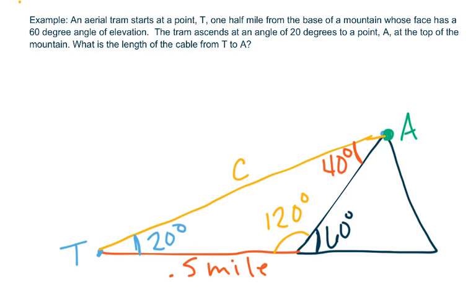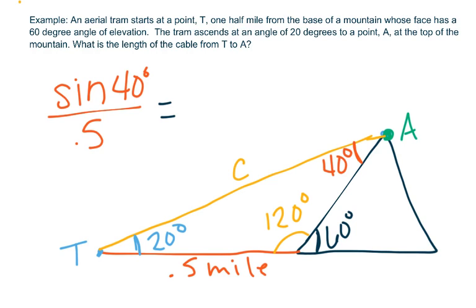So in this scenario, I have that the sine of 40 degrees over 1/2 mile equals the sine of 120 degrees over C, where C here is the side that I'm looking for.